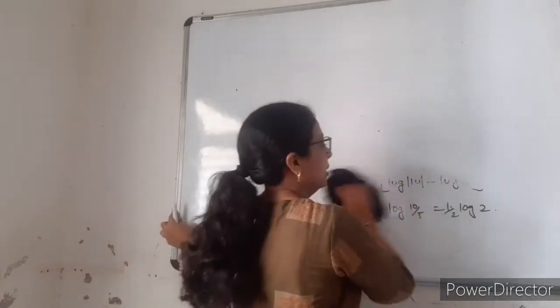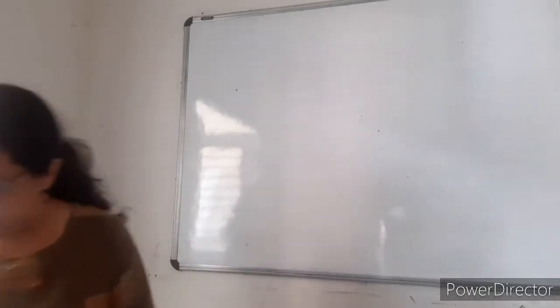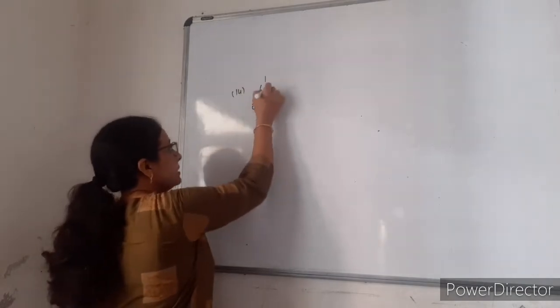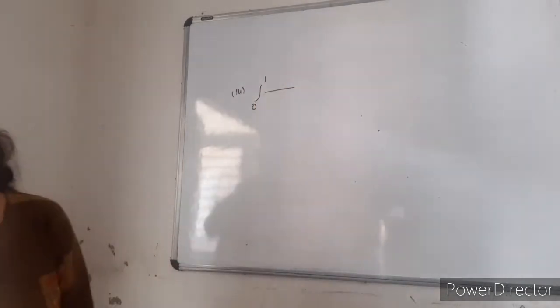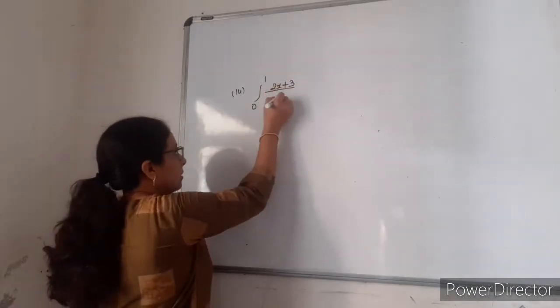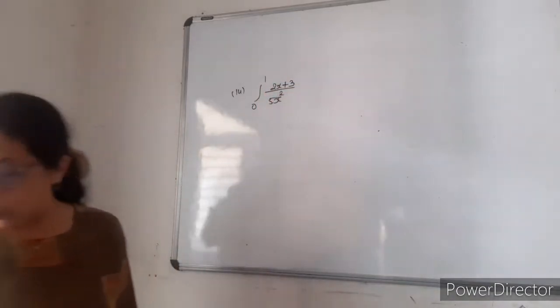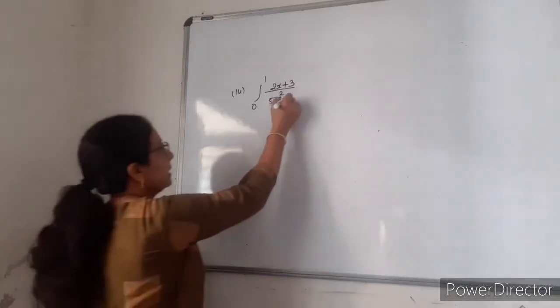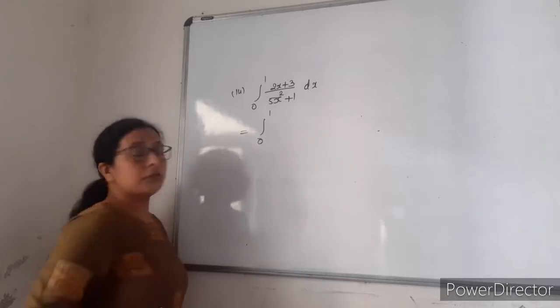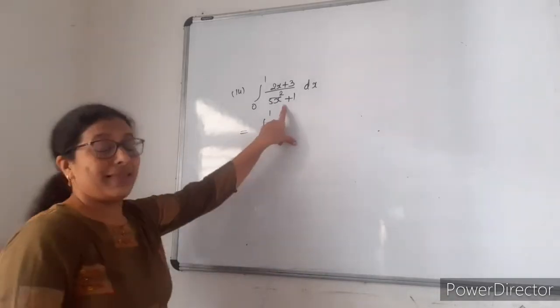Now question number 14 is here. Integration from 0 to 1 of 2x plus 3 upon 5x square plus 1 dx. Now you know this method.